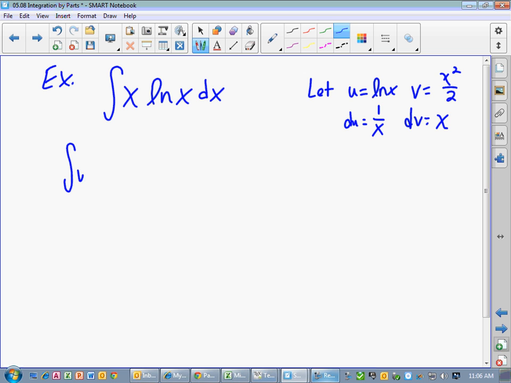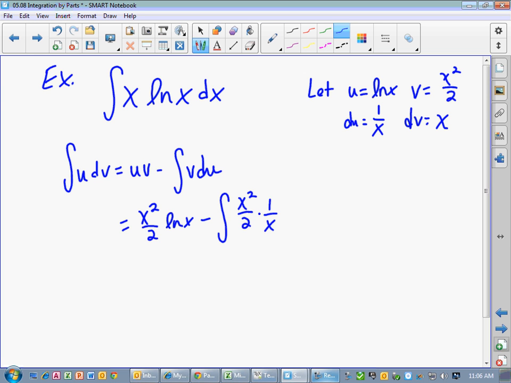So the integral of u dv equals uv minus the integral of v du. All right, notice I write that down every time. Hopefully it'll finally stick in my brain a little bit. uv. So that would be ln of x times x squared over 2. Right. So I'm going to write that as x squared over 2 times ln of x. It doesn't really matter, but minus the integral of v du. So I've got x squared over 2 times 1 over x dx.